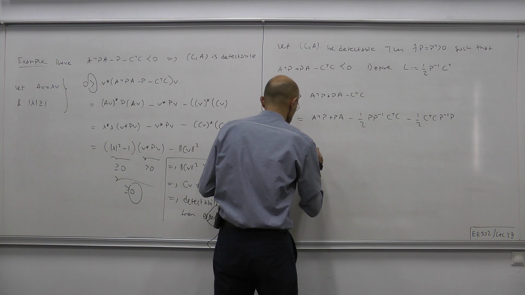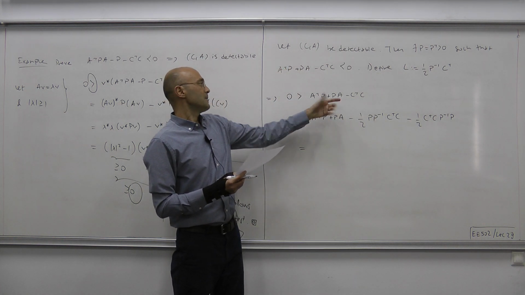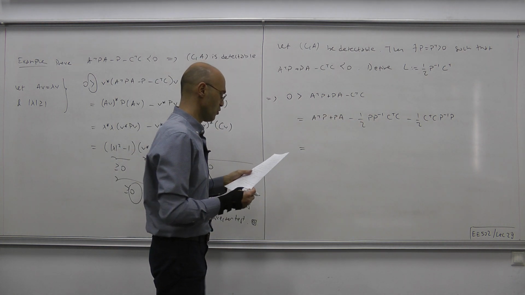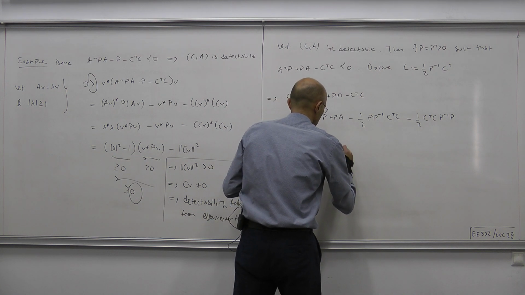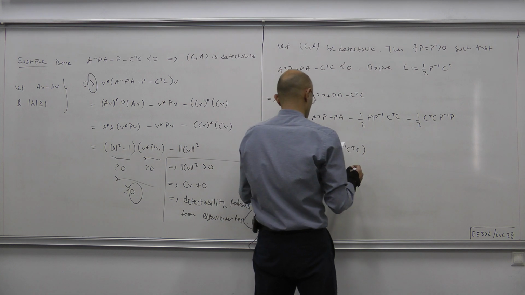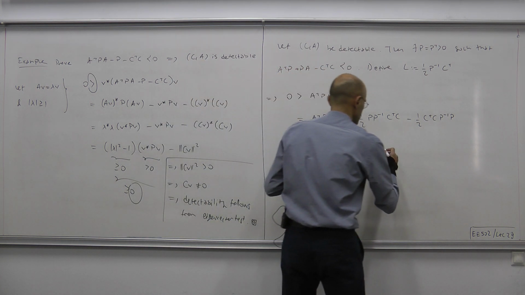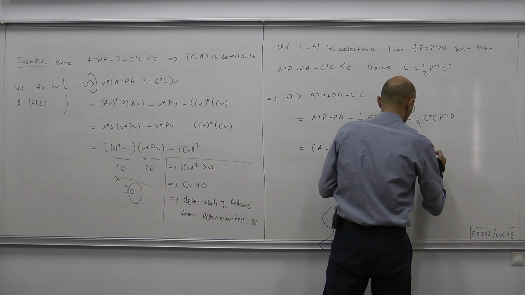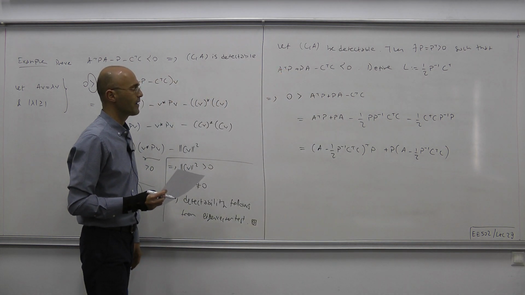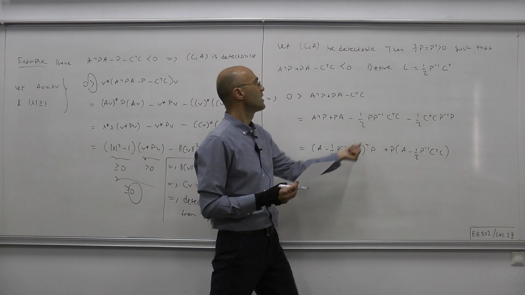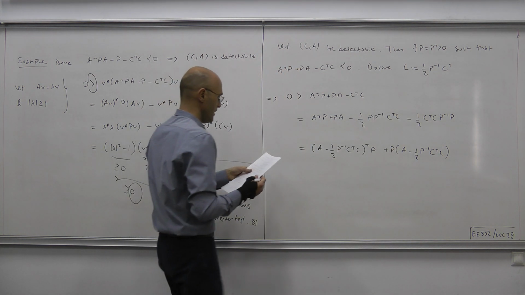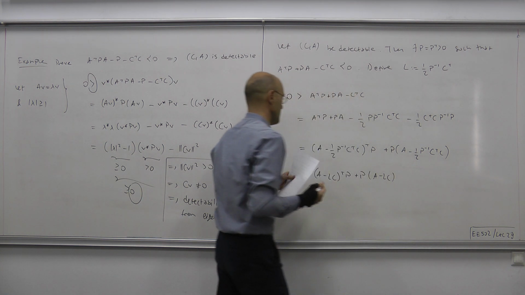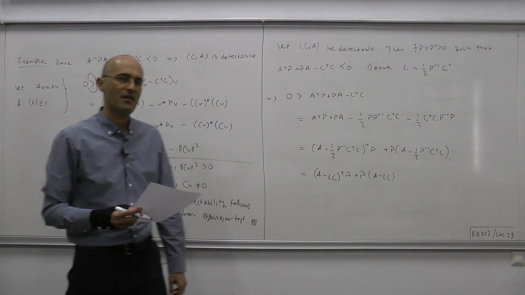Here is the use: if you write this sum of terms in this slightly more complicated form, you can reorganize the terms as A minus 1/2 P inverse C transpose C, transposed, times P, plus P times this matrix A minus 1/2 P inverse C transpose C. This matrix 1/2 P inverse C transpose is what we define as L. So we have A minus LC transpose P plus P times A minus LC is a negative definite matrix.